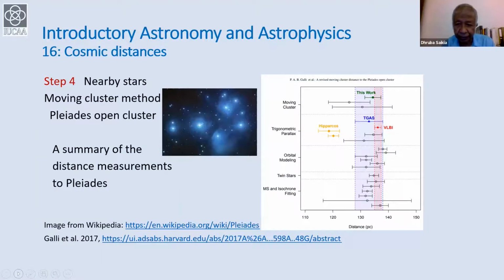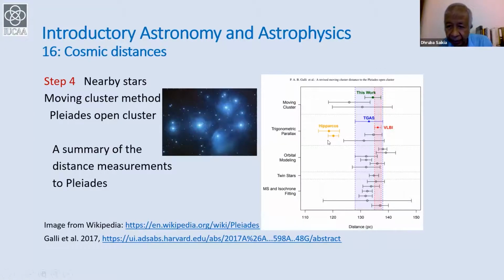And sometimes things don't all check. For example, this is the moving cluster method applied to the Pleiades cluster. And this is a summary which I took of Pleiades measurements done by a variety of authors using different methods as well.